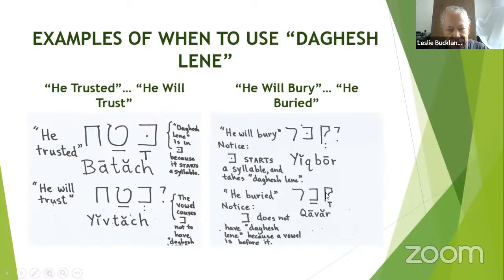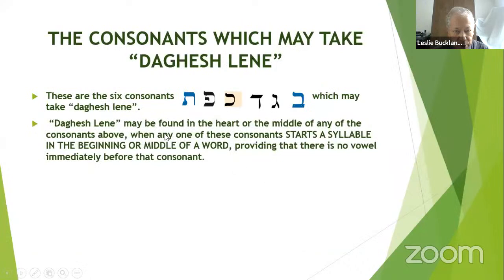However, in this case, we find that the same consonant doesn't have a Dagesh Lene, but there is a vowel right before it, immediately before it. So these are the two conditions that I'm talking about.